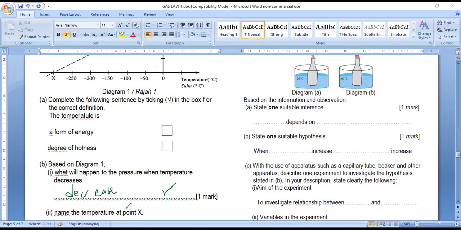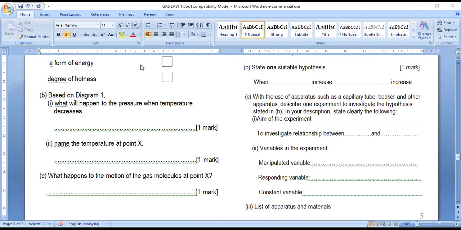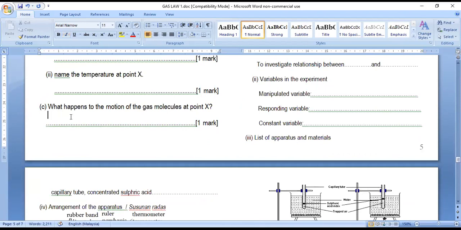Name the temperature at point X. That temperature we call absolute zero. Then what happened to the motion of the gas at point X? It does not move.